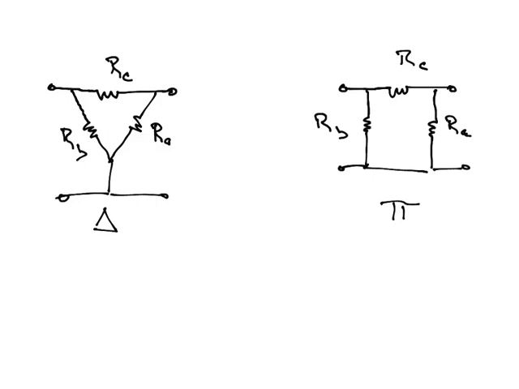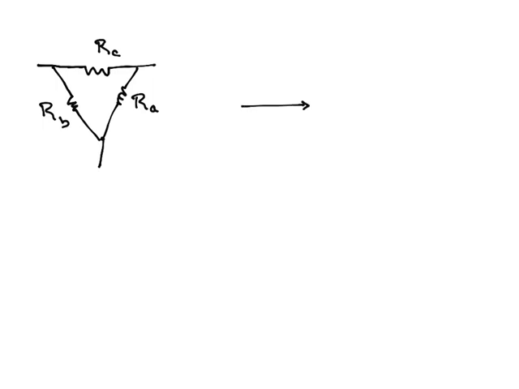All right, so how do we convert between these two types of connection? So here's the theory. Say I have a delta connection. It looks like this. And I'll call this C, A, and B. And I want to convert it into a Y connection.